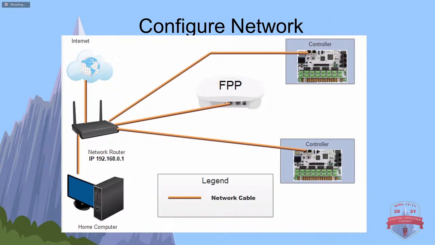For the Wi-Fi, if it has it, you just leave it as DHCP, but don't enter an SSID or password. So you could configure this as DHCP, and we'll get into that in a little bit, or set it as a static address.